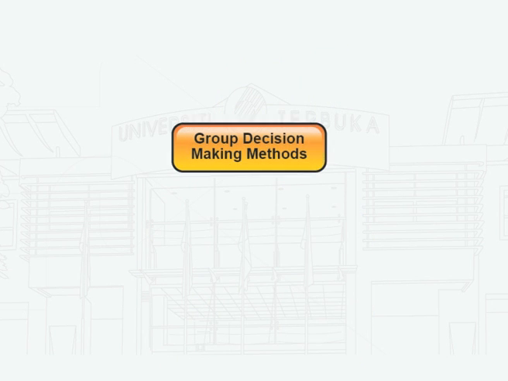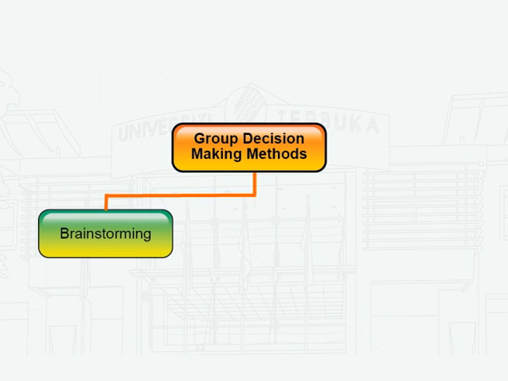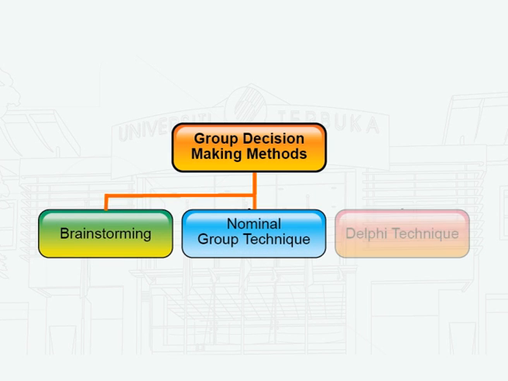We have looked at individual decision making. What about group decision making? There are three main methods for group decision making: brainstorming, nominal group technique, and Delphi technique. Brainstorming is a group decision-making process in which negative feedback is forbidden until all alternatives have been heard.